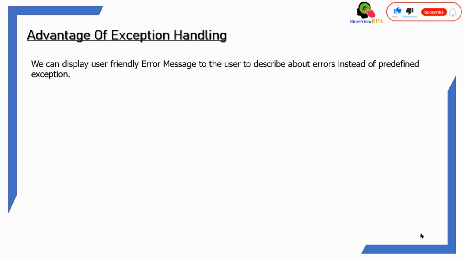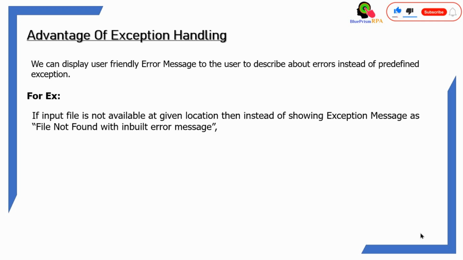Whenever an error occurs, we get a predefined inbuilt error. But if you apply exception handling in your process, then you can throw a specific customized error message.